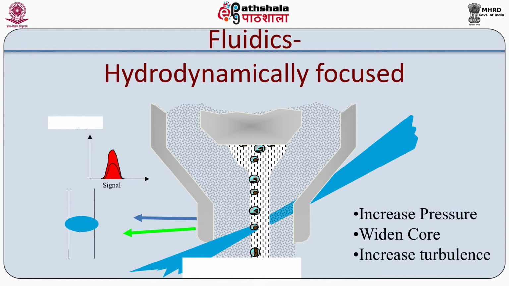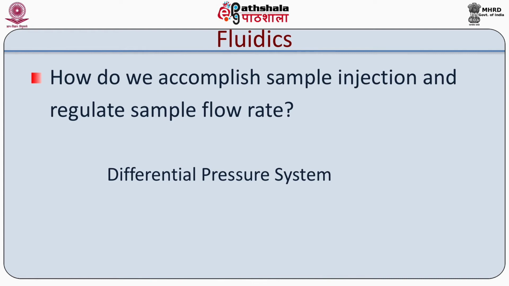This allows more rapid acquisition of the sample, but at the same time it compromises the resolution of the data, though it is acceptable for certain qualitative measurements such as immunophenotyping. As described, this is achieved by the differential pressure between the sample pressure and the sheet fluid pressure.